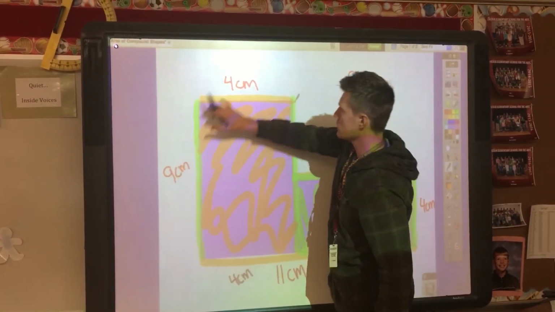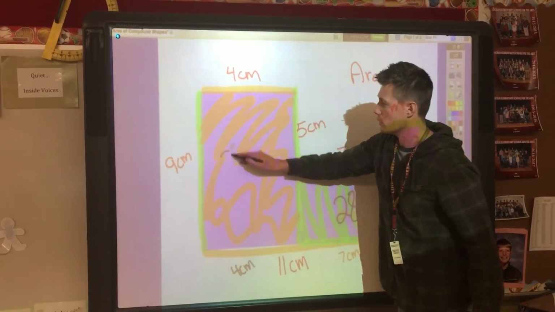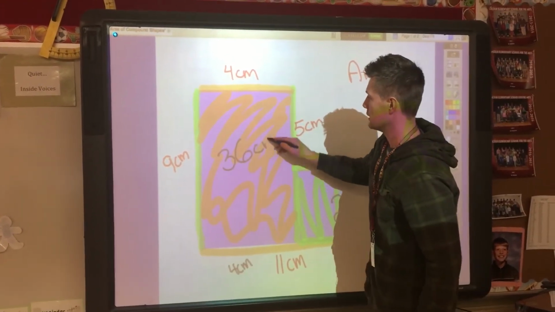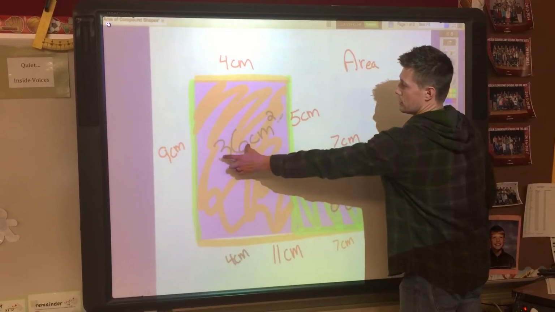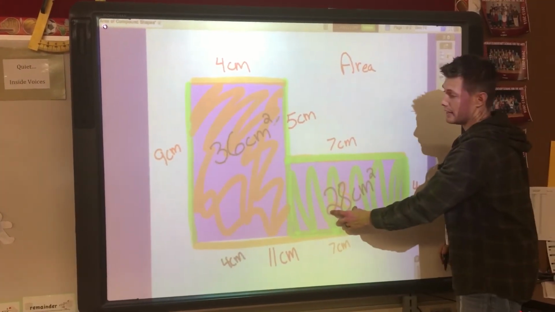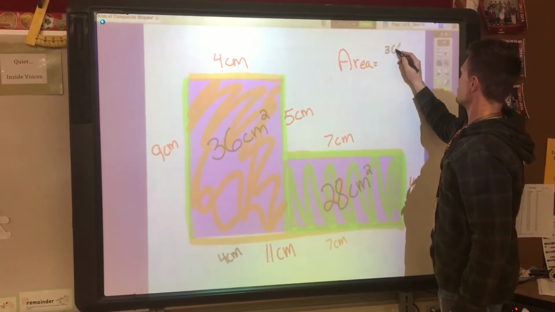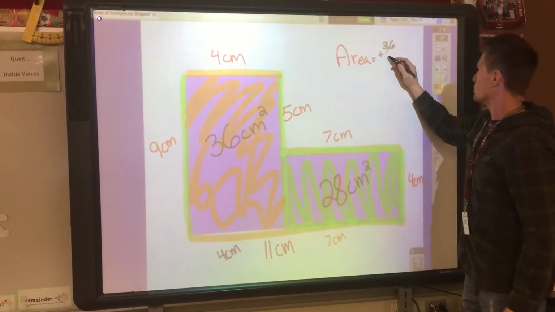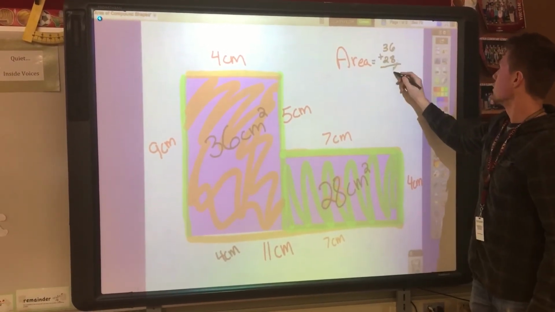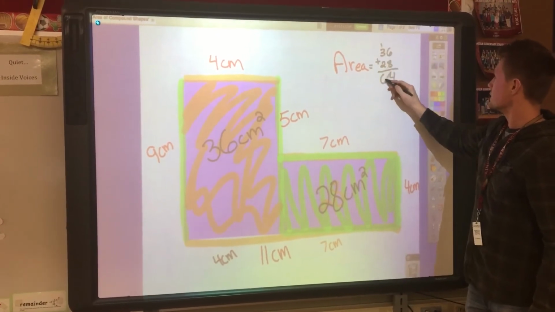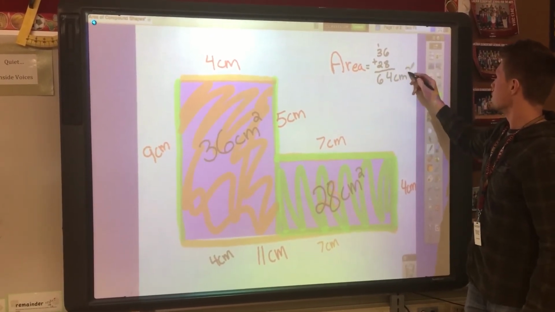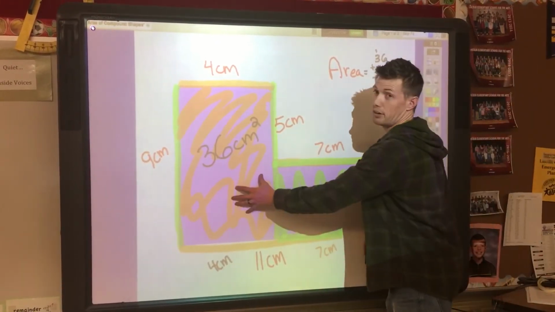So to do 4 times 9, we're going to get 36 centimeters squared. 36 plus 28 is going to give us our total area. So if we set this up, 36 plus 28, we are going to get 64 centimeters squared. That is our entire area.